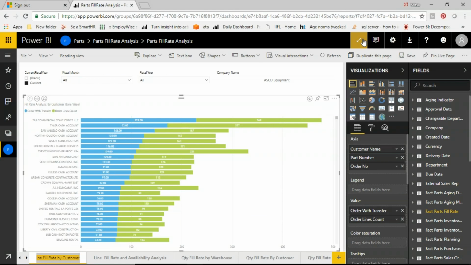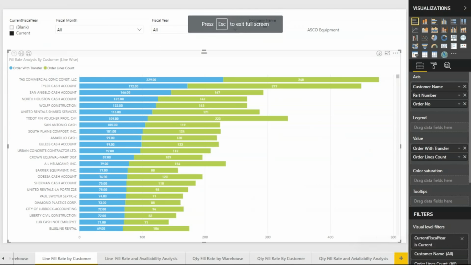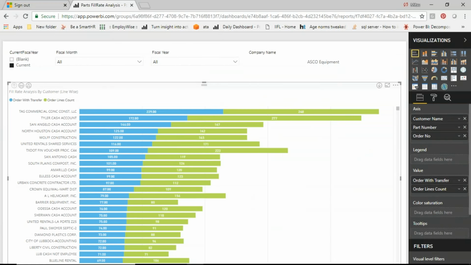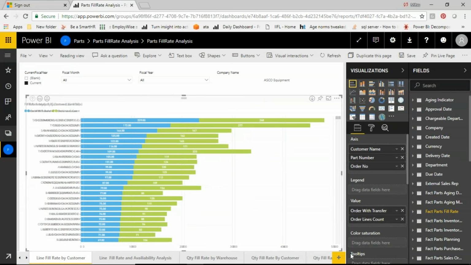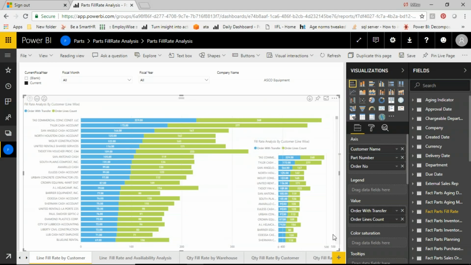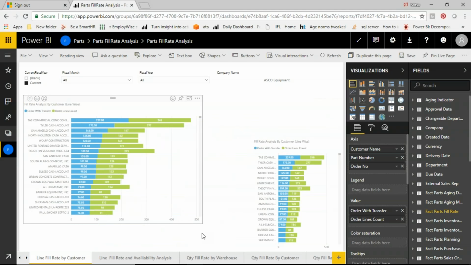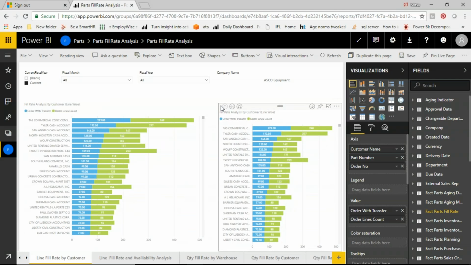And this one here is basically telling you how your fill rates are by the customer. I'm just going to make a percentage level copy of this so that it makes a little more sense.